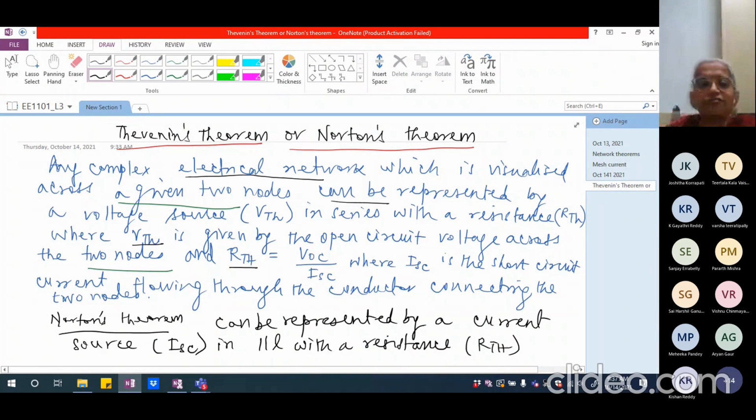Again, RTH is defined the same way, which is VOC divided by ISC, the open circuit voltage divided by ISC. Let me demonstrate this by an example, then it might become a little clearer.